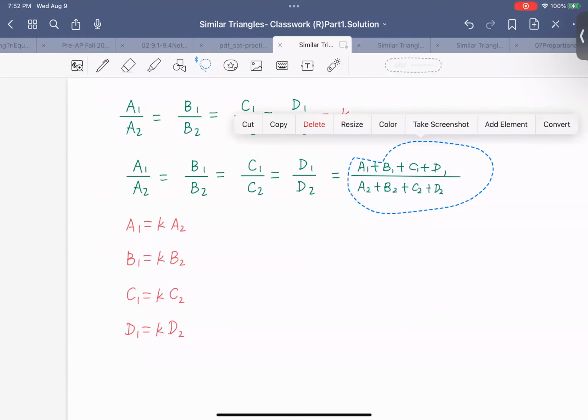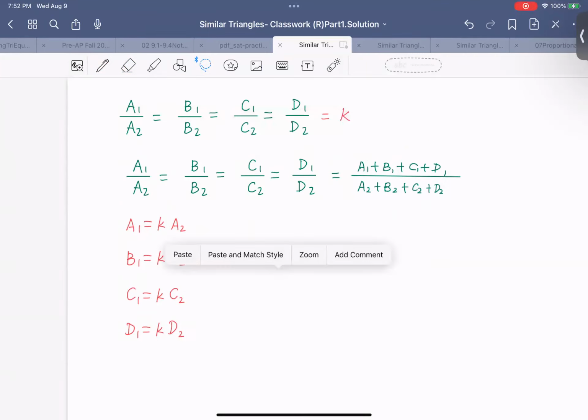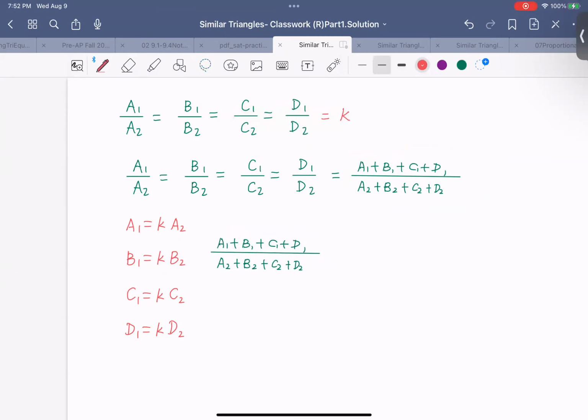4k. Yes, exactly. Because you can look at the top. Because each one equals k. It's just added together first. So you have k A2 plus k B2 plus k C2 plus k D2 over A2 plus B2 plus C2 plus D2, which equals k.